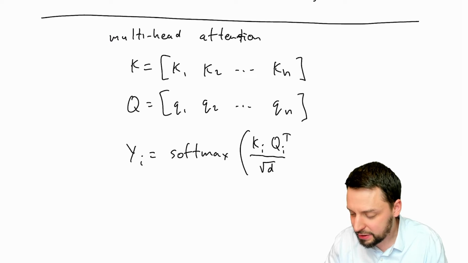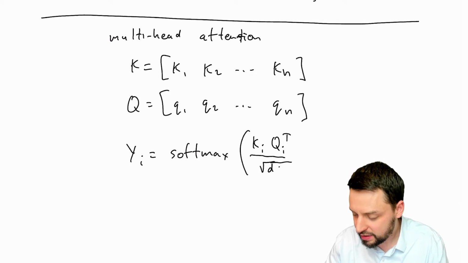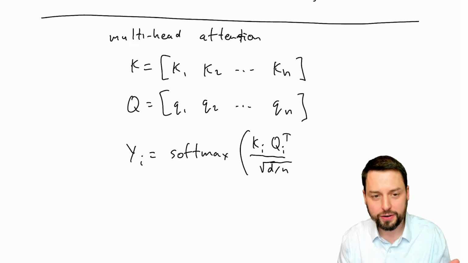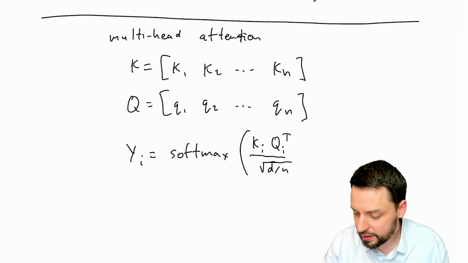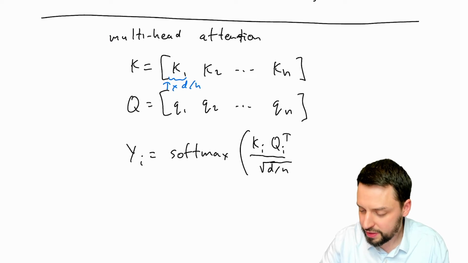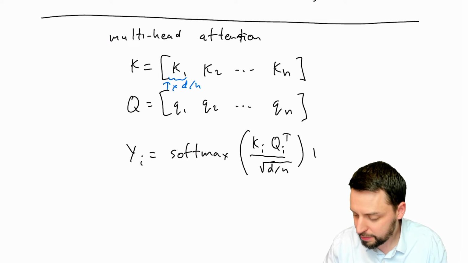Divided by the square root of d, but now it's actually going to be the square root of d divided by h, because each sub-block of this matrix is going to be T by d over h, right? So you have this times V_i.